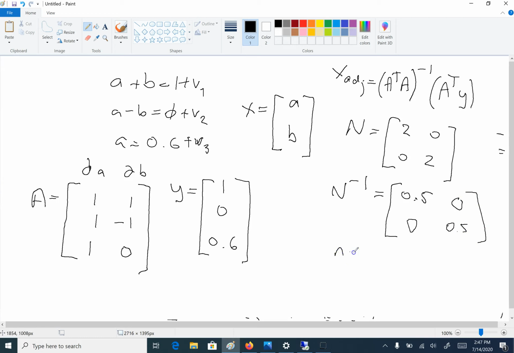A transpose Y is going to be equal to 1 and 1. Oh, that's not right.